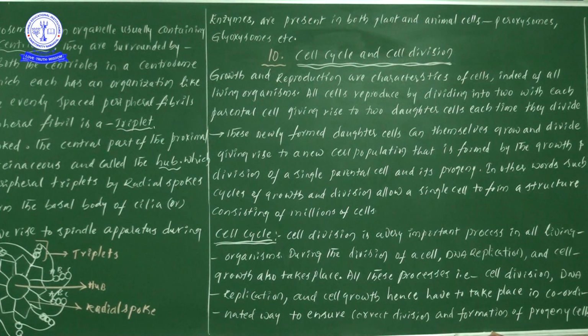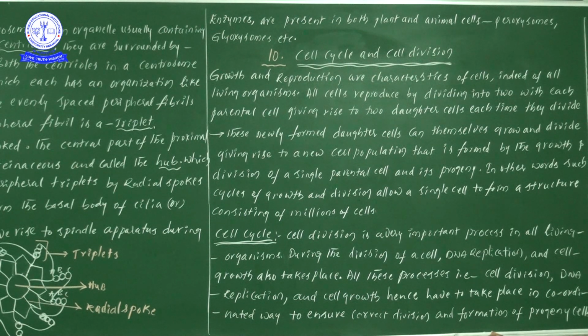There are two types of divisions: mitotic division and meiotic division. The newly formed daughter cells divide themselves, but before dividing, these cells first grow in size. Then only they can divide.